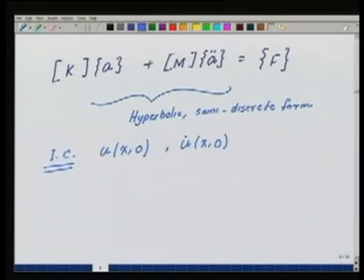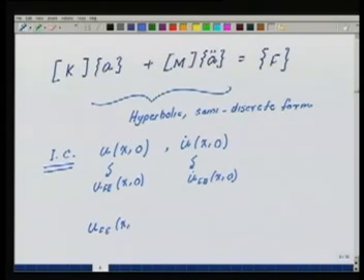Now before we go ahead, let's look at how to impose this. That is, we would like u_FE at x equal to 0 and u dot FE at x equal to 0. Now u_FE at time t equal to 0 will be sigma i equal to 1 to n a_i(0) phi_i(x).